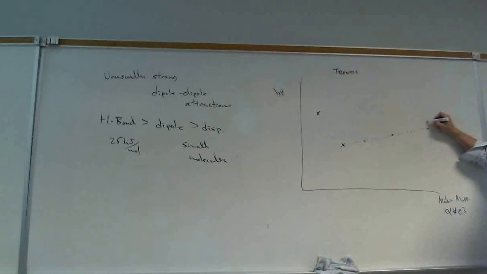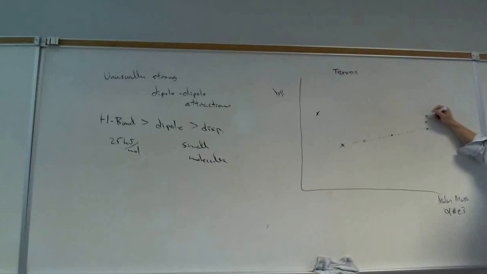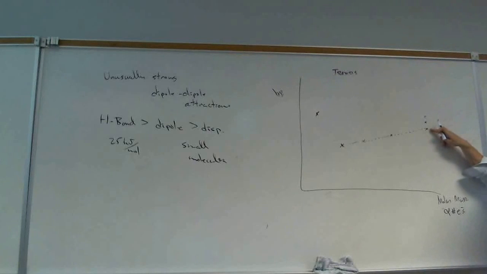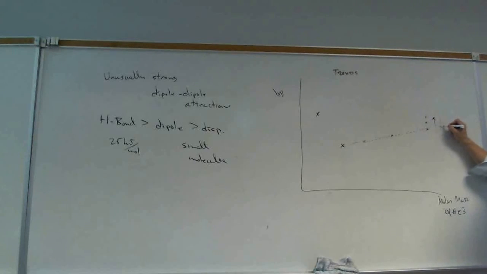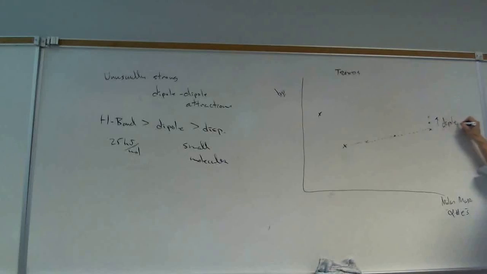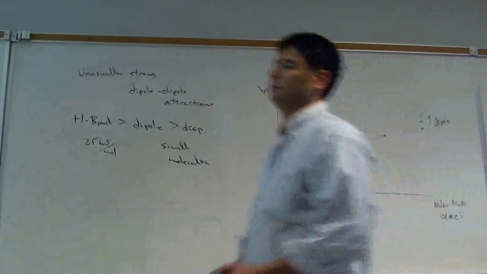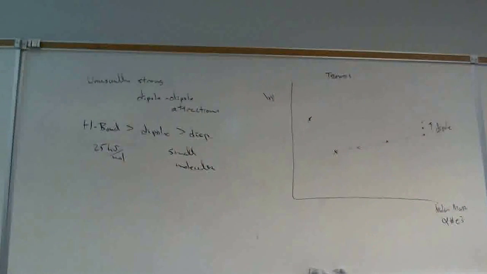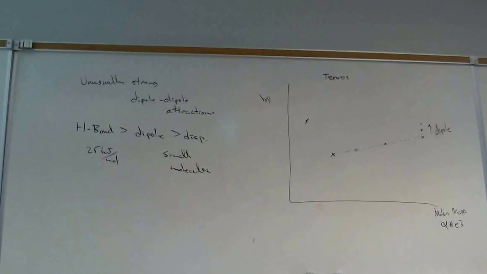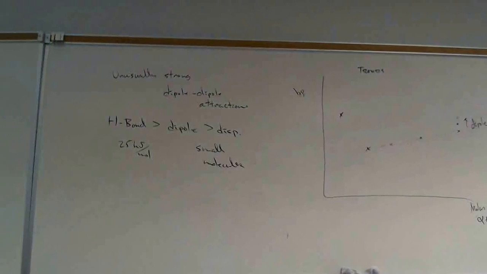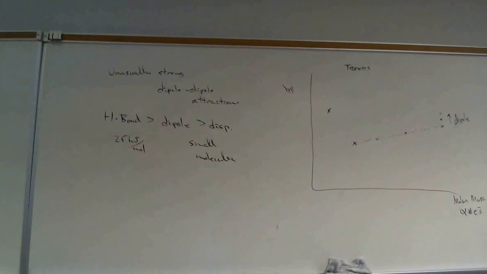And then if we add a dipole interaction, the boiling point should increase, because not only do we have dispersion, and so this would be something that's nonpolar, but we have increasing polarity here, or increasing, I shouldn't say polarity, dipole here. So this is the basic trend here that we'll see in this chart.